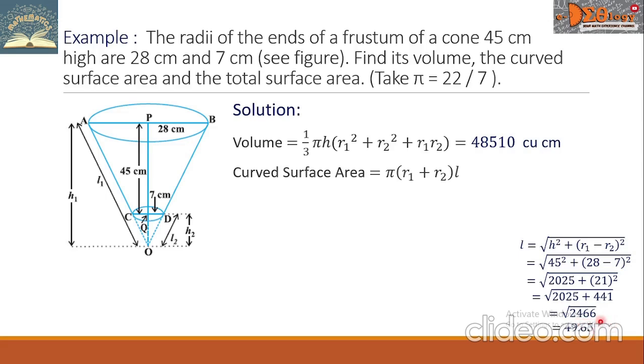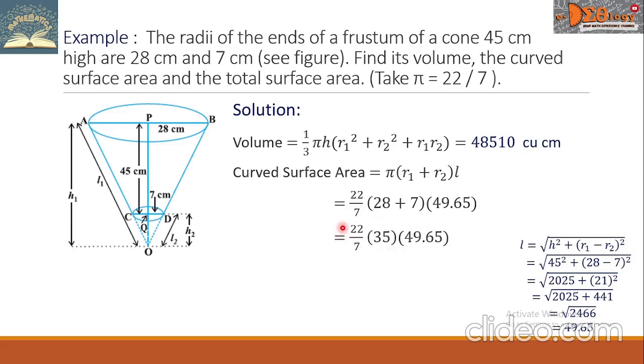49.65. Let us now substitute this value for the L. So for the formula, we have now 22 over 7 times 28 plus 7 times the L value 49.65. The sum 28 plus 7 is 35.